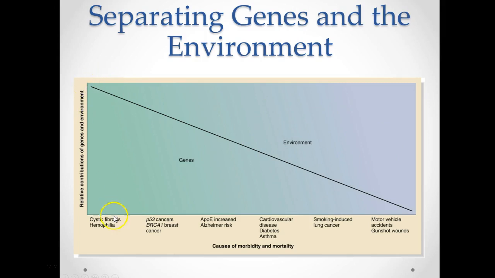So things like cystic fibrosis and hemophilia and certain types of breast cancer and Alzheimer's all have a higher genetic component and a lower environmental component. But when you look at things like smoking-induced lung cancer and motor vehicle accidents and gunshot wounds, very little genetics is involved. This is all your environment.